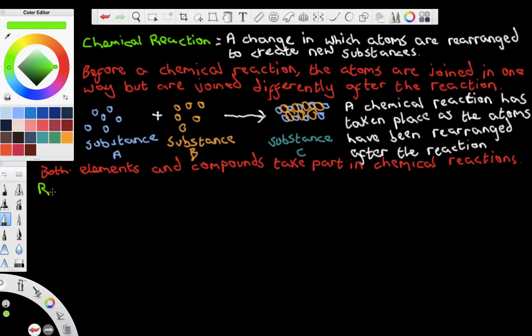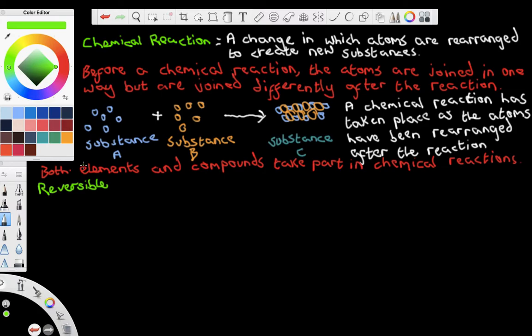So I'm going to put it in green because it's a keyword. Reversible. And if I can just quickly look in my notes for a definition of the word reversible so that we have a proper definition rather than one that I make up on the spot.